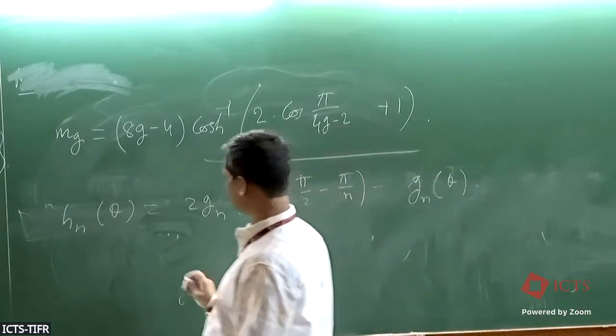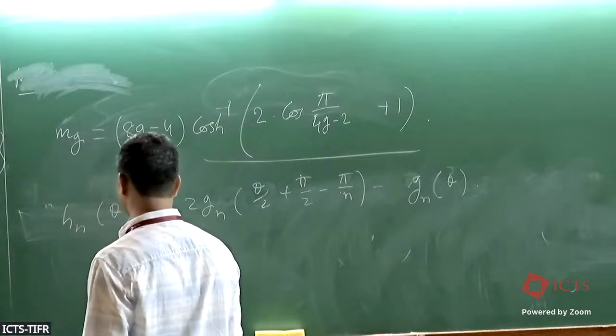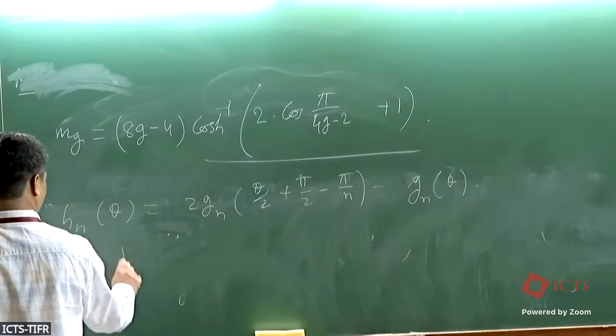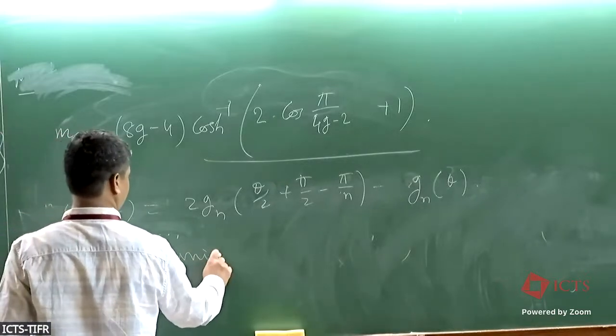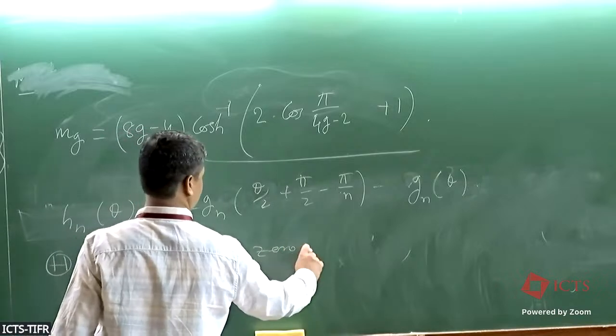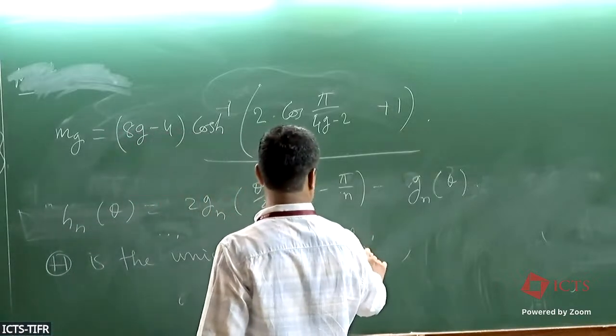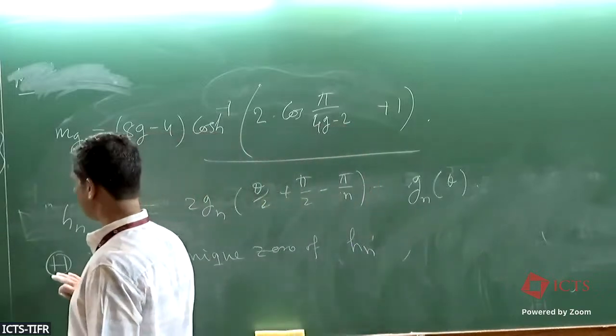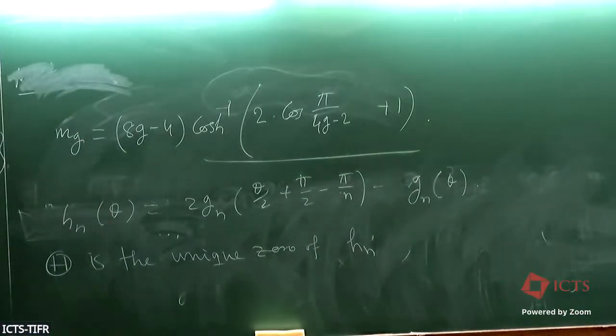And one can show that this function has a unique zero. So capital Theta is the unique zero of phi n, and this is the description of this Theta. The proof of this theorem uses some basic calculus, so concavity, the mean value theorem, etc. Okay, I have to stop now.